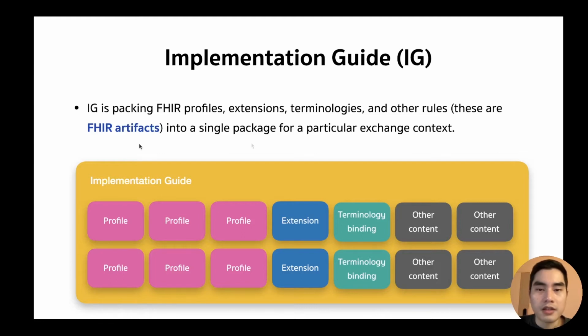When you pack all of this into a single package, so that whoever wants to implement your profiles and other things for a particular context can do so easily, this is called an implementation guide. And in the real world, most national profiles or national projects or large projects always publish as an implementation guide.